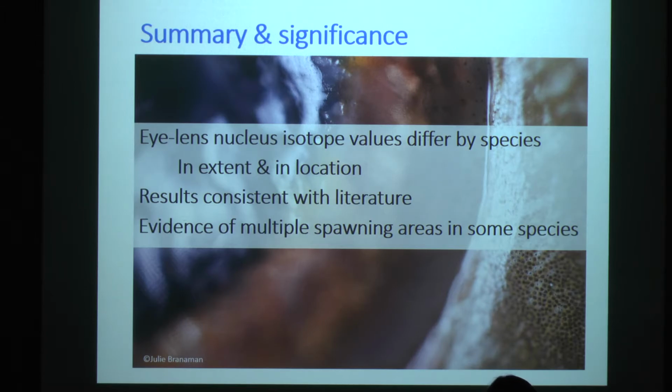So in summary, the lens nucleus isotope values do differ by species, both in extent and their location isotopically. And these results do seem to be consistent with previous descriptions of all the species that I used. There is evidence for potentially multiple different spawning sites seeding different juvenile locations in some species, but not in others.